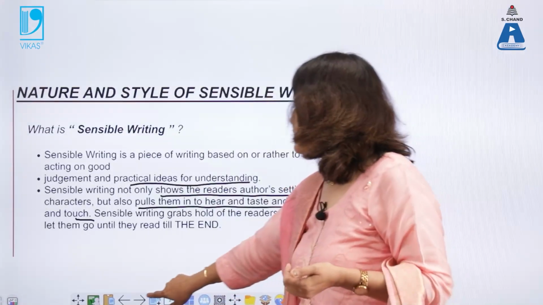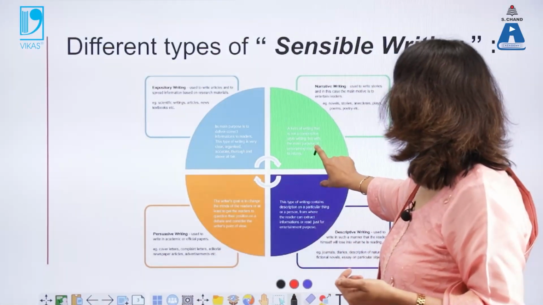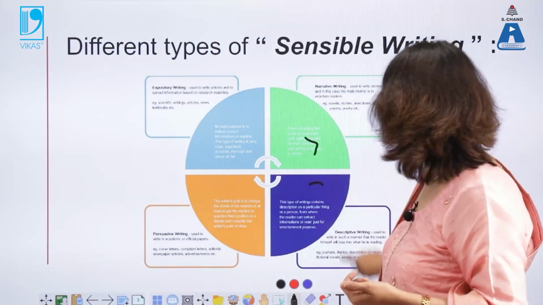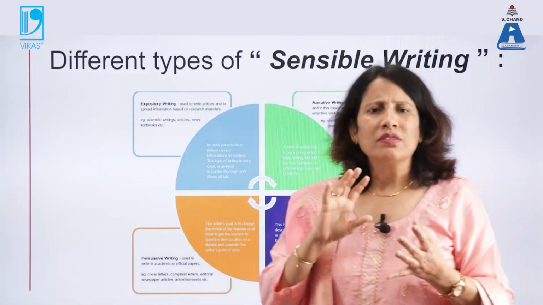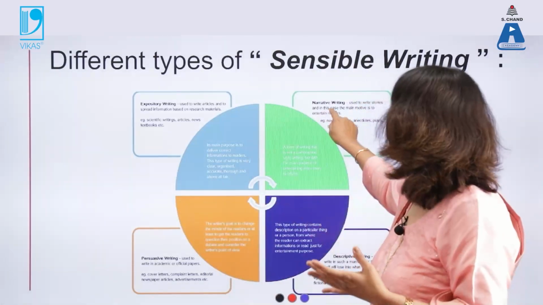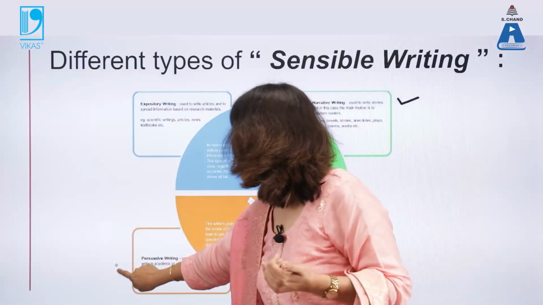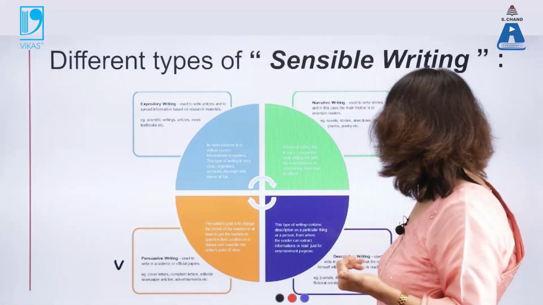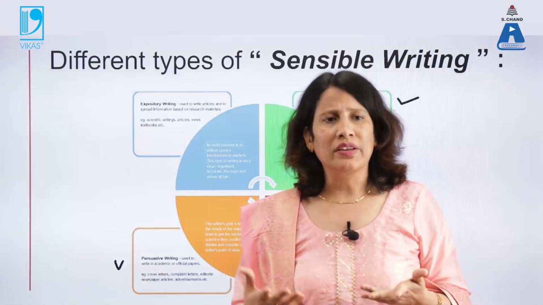So let us proceed with the different types of sensible writing. What are the different types? We have expository writing. The second category is narrative writing. The third category is persuasive writing and the fourth one is descriptive writing. Now, what is expository writing?